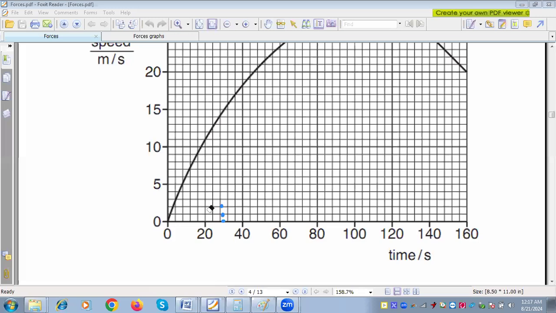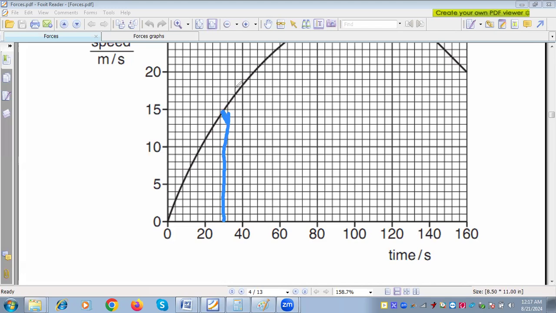Let me locate properly. So 20, 30. Of course my line is not coming straight, so the point is somewhere here.